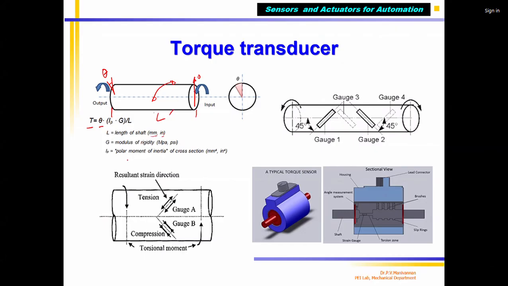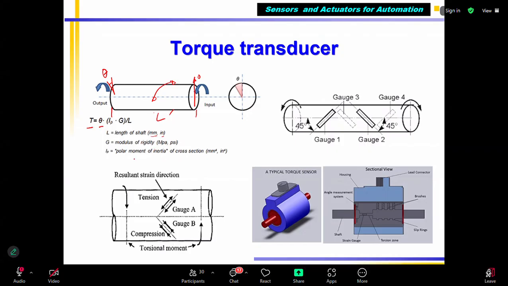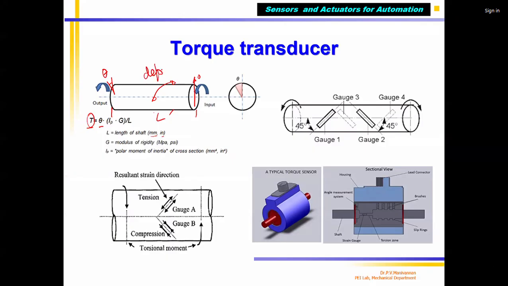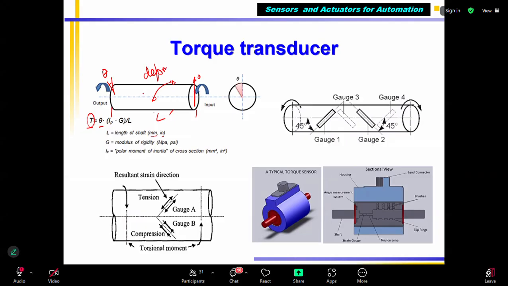IP is the polar moment of inertia of the shaft cross section. Once this is known, you can calculate the torque applied on the shaft. That means the shaft is going to deform. It is deforming, correct? One end is twisting, and the entire shaft deforms.